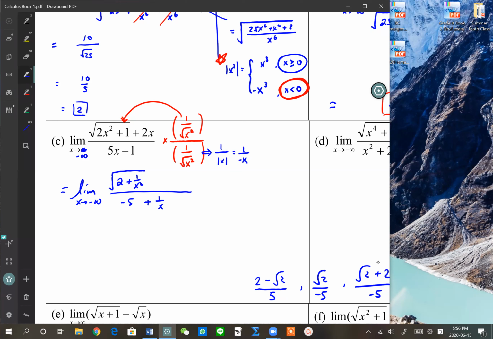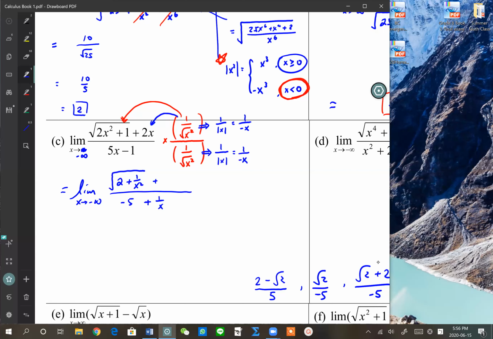Now for the outside, right? If I want to multiply with the 2x, I need to simplify it. So I need to turn it into absolute value one more time, right? And because it's a negative infinity, it becomes negative x. So if you are multiplying with the 2x, you need to use negative x.